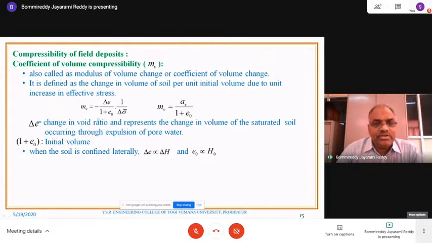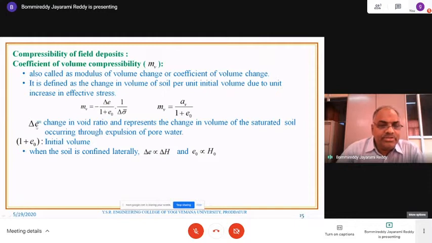So this is called the coefficient of volume compressibility. Already you know AV is delta e by delta sigma. Substituting here, MV equals AV by 1 plus e naught. So this is the relation between coefficient of compressibility and coefficient of volume compressibility.